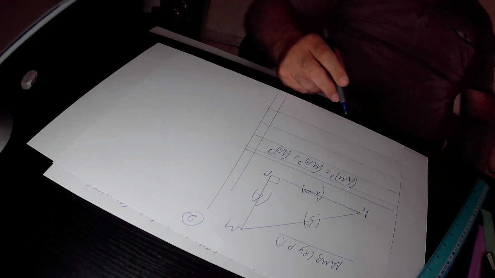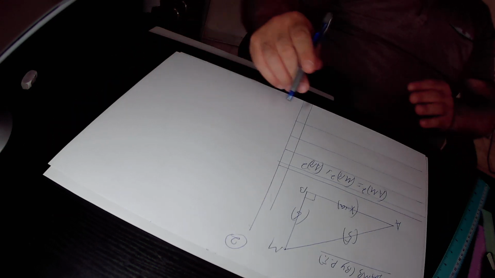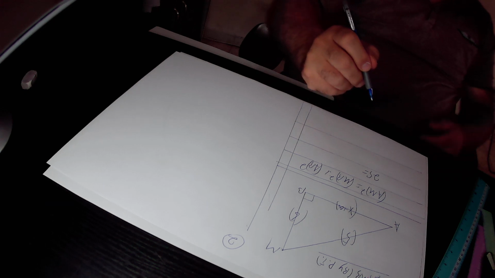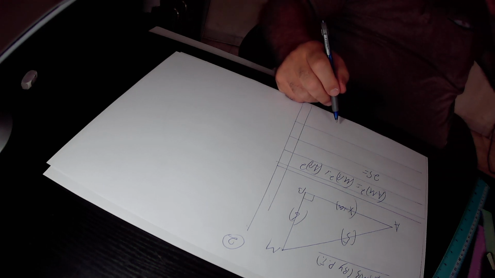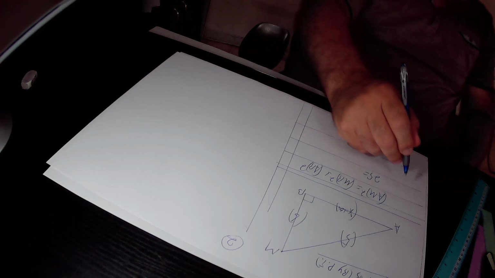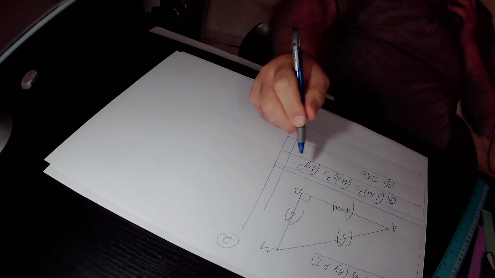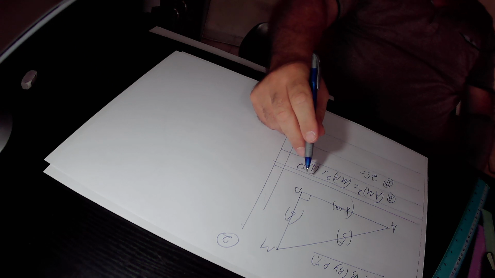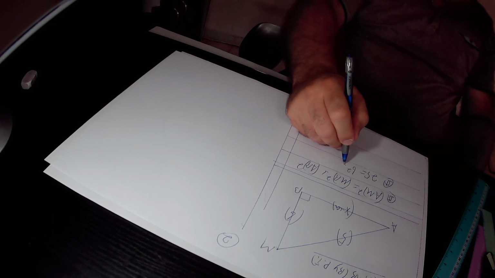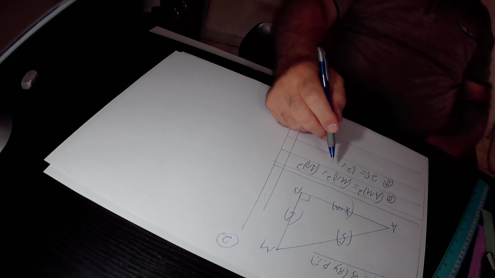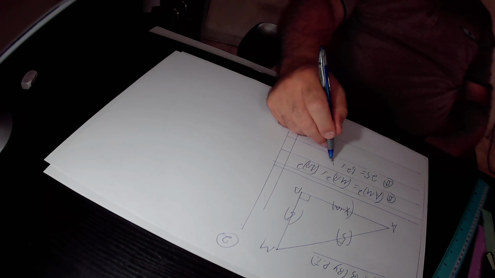AM is 5, therefore AM squared is 5 squared, that is 25. And it is equal to MB squared. MB is b, therefore MB squared is b squared, plus AB squared. AB is x plus a, therefore AB squared is (x plus a) squared.